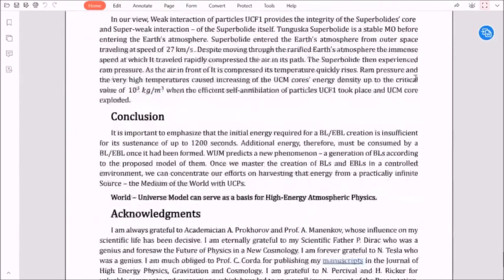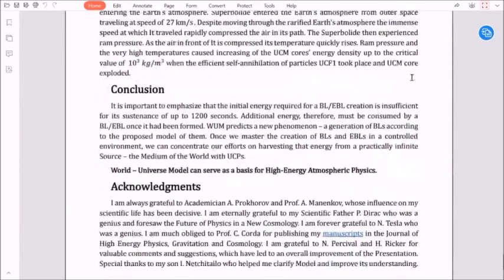Conclusion. It is important to emphasize that the initial energy required for an extreme ball lightning creation is insufficient for its sustenance for up to 1200 seconds. Additional energy, therefore, must be consumed by extreme ball lightning once it has been formed. WUM predicts a new phenomenon, a generation of ball lightnings according to the proposed model of them.